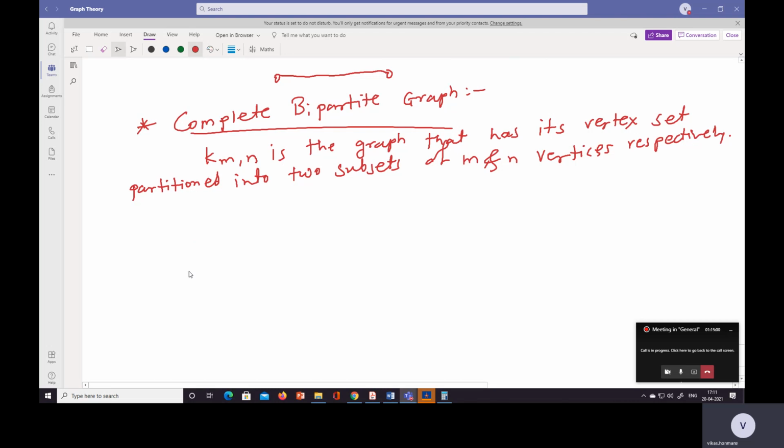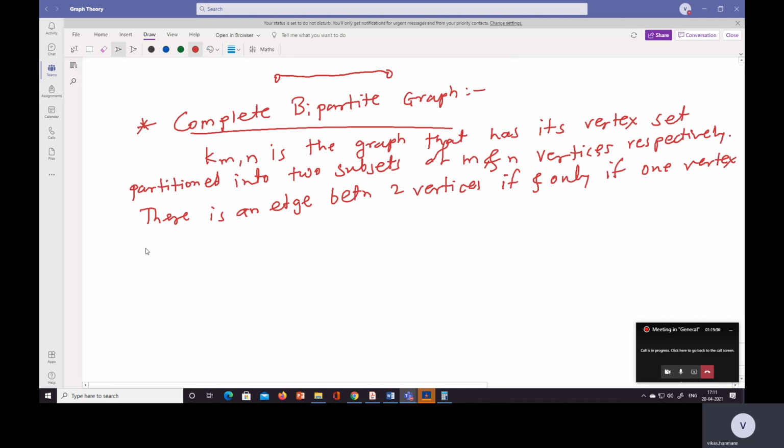There is an edge between two vertices if one vertex is in the first subset and the other vertex is in the second subset.